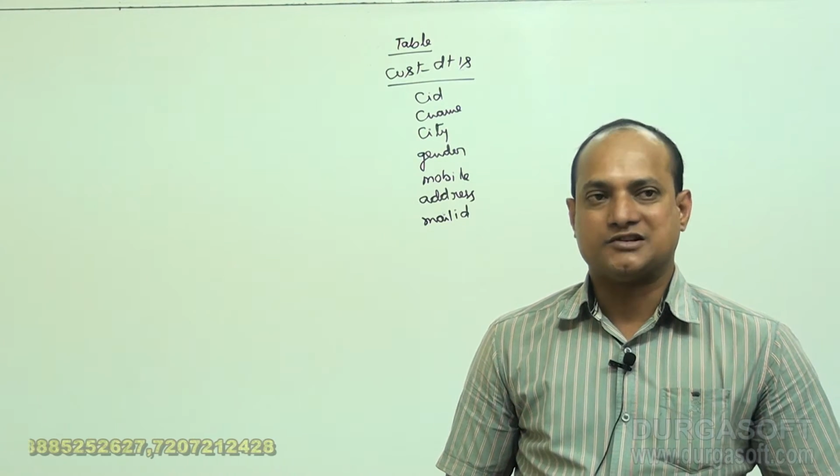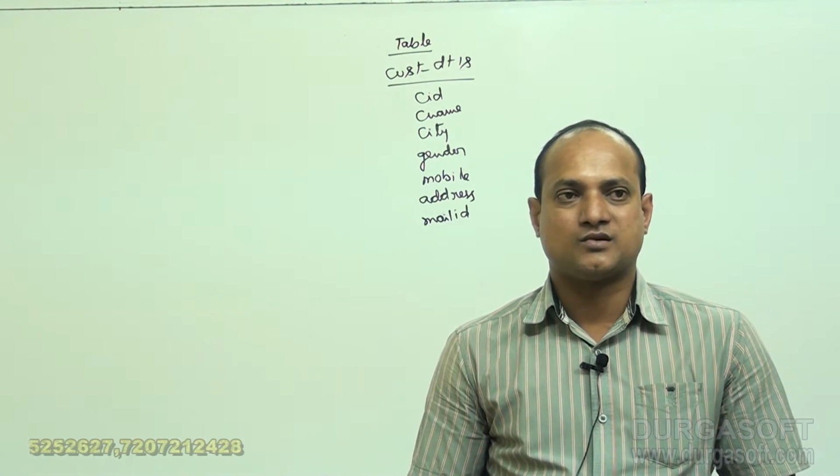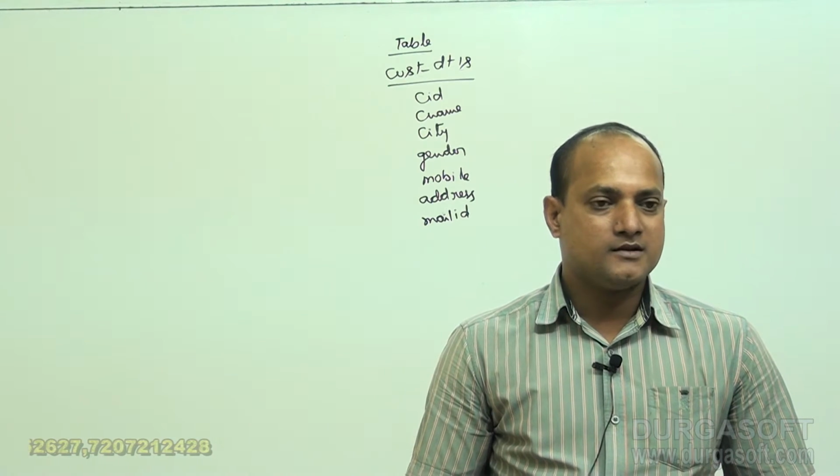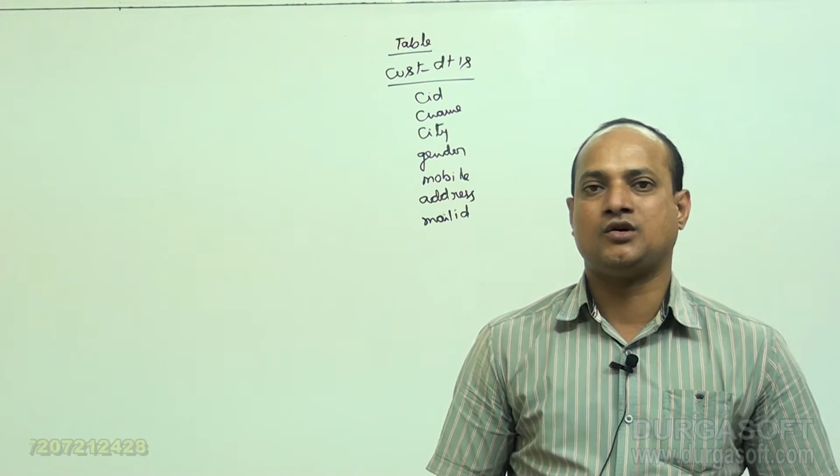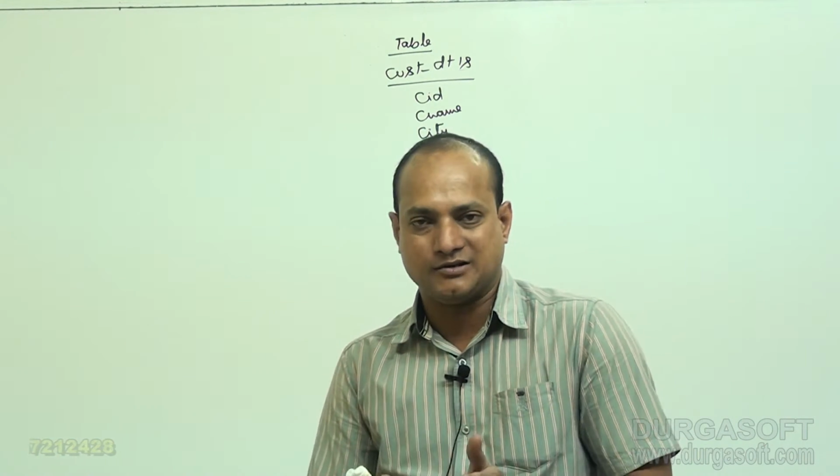What is concatenation? Double pipe is called the concatenation operator. It is used to attach messages or values, appending values.